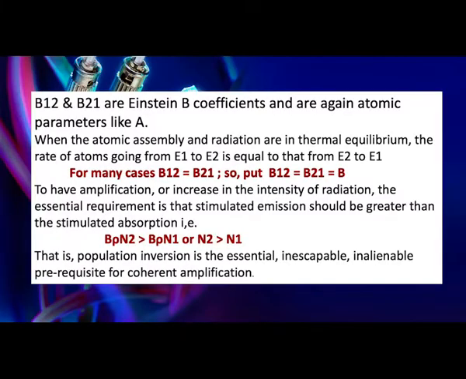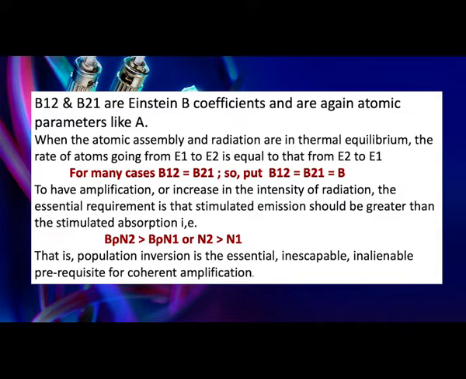These are essentially intrinsic parameters which depend upon the property of the particular atoms and molecules. A represents the ordinary spontaneous emission coefficient. Now, let us go to the next step.